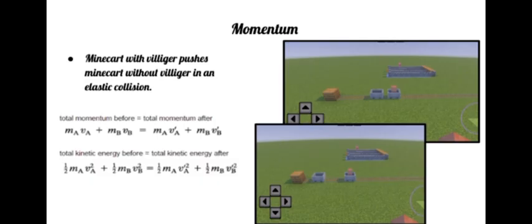And the second equation shows the total kinetic energy being conserved, written as 1/2 ma times va squared plus 1/2 mb times vb squared equals 1/2 ma times va final squared plus 1/2 mb times vb final squared, which again proves how the total kinetic energy before equals the total kinetic energy after the collision.